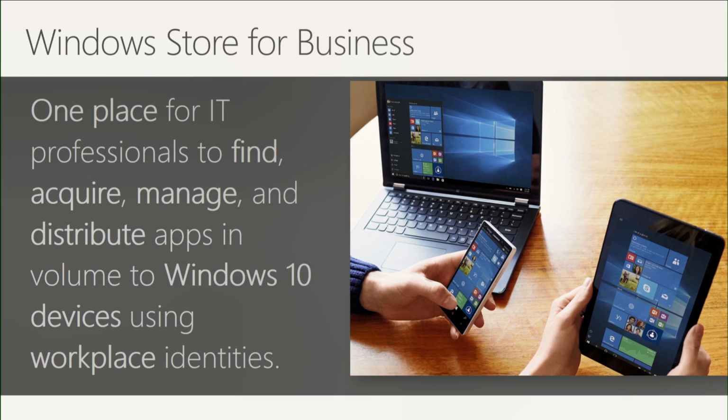Once you ship an update into the Store for Business, the Windows updater just takes care of shipping that onto all end-user devices and makes sure that they get the update cleanly and easily. So it's very valuable, and it gives you great tools for IT pros to find, acquire, manage, and distribute apps using workplace identities.